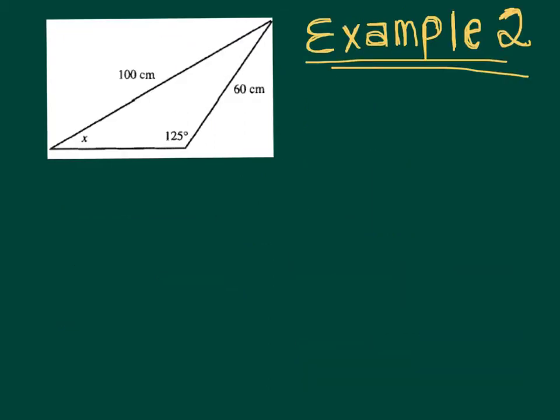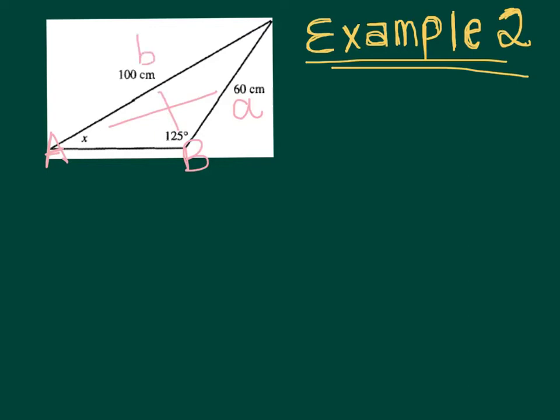Here's a second example. This time, instead of looking for a side, we're actually going to be looking for an angle, angle x. So again, the first thing I'm going to do is label my sides and angles. I'm going to say that x, I'll call it A, which means that across from x, 60 is little a. I'll call this other one that we know, 125, B. So across from B, we have little b.